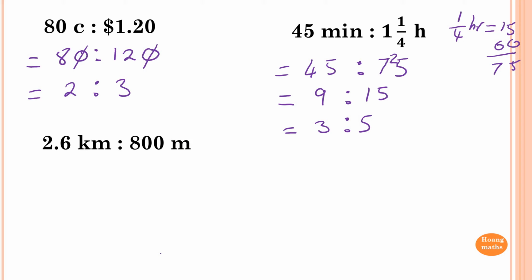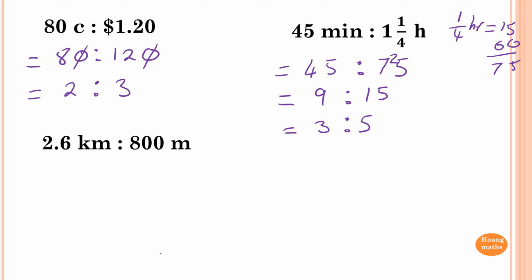Okay, next one. Now 2.6 kilometers to 800 meters. Of course, you can see they're different units, so both must be converted to the same unit. 2.6 kilometers is best converted to meters.